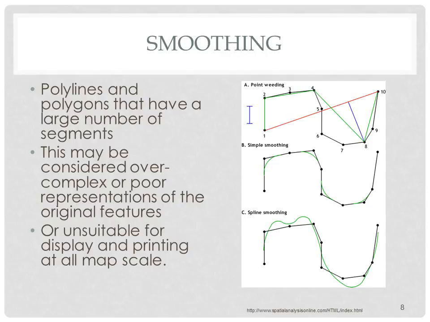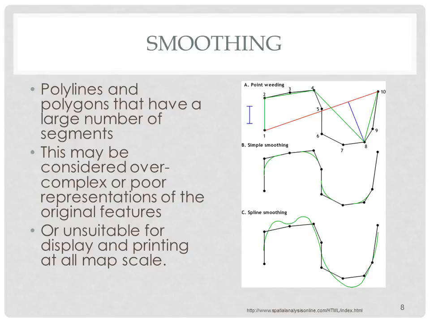Polylines and polygons may have a large number of segments, and this may be considered overly complex or a poor representation of the original features. It may be unsuitable for display and printing at map scales. So for example, you could start out with point weeding, removing some of the unneeded points that are basically providing redundant information.